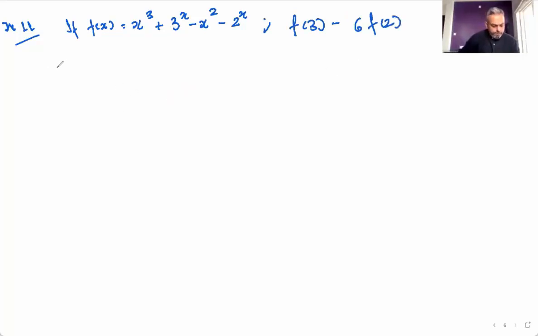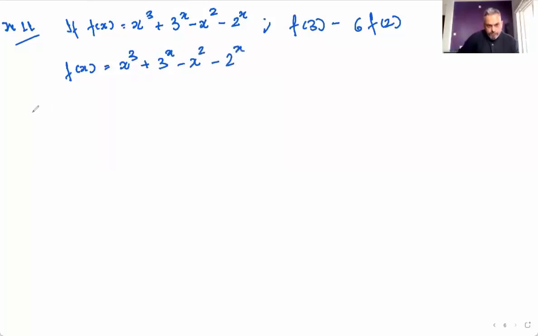So over here, let's write the function first. f of x is equal to x cubed plus 3 raised to x minus x squared minus 2 raised to x.